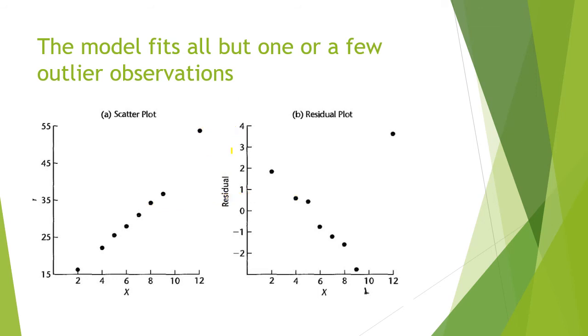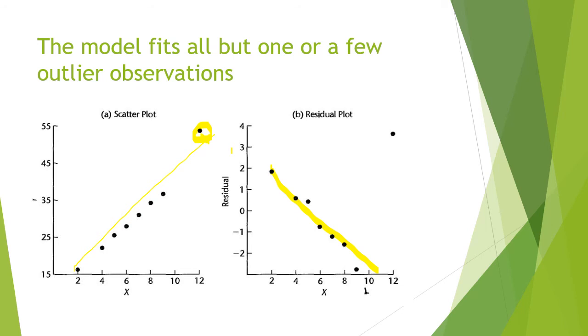In the next plot, we can see an outlier here, and in the residual plot, there is a strange pattern of the residuals having a linear downward slope. This is because the linear regression is skewed towards the outlier.